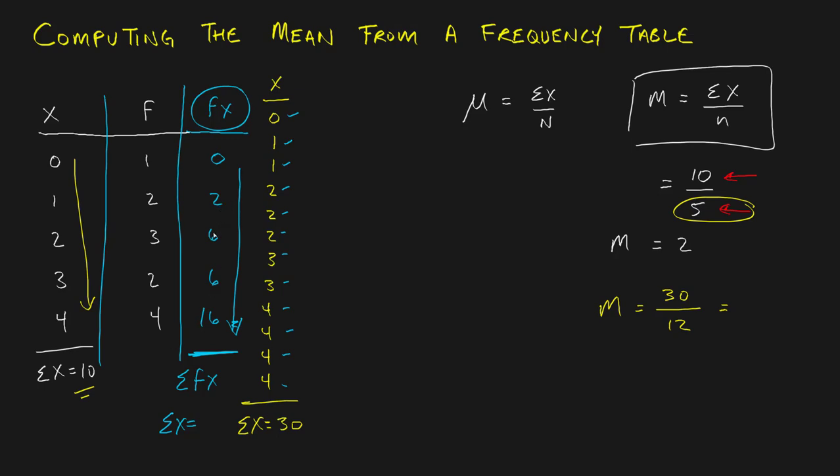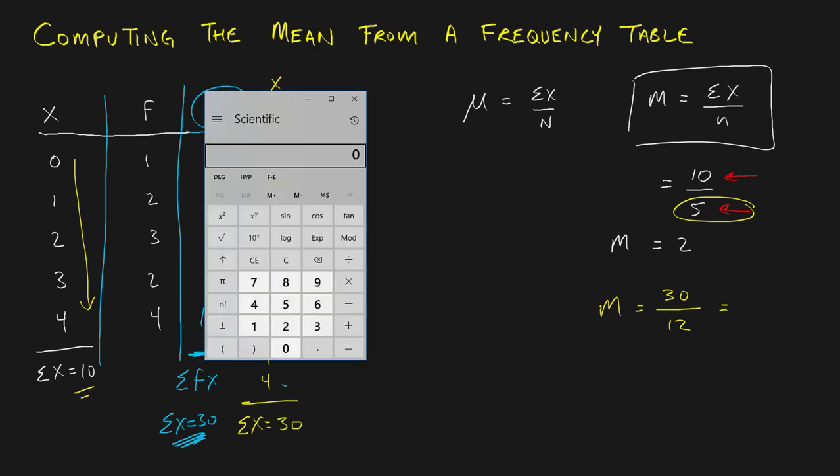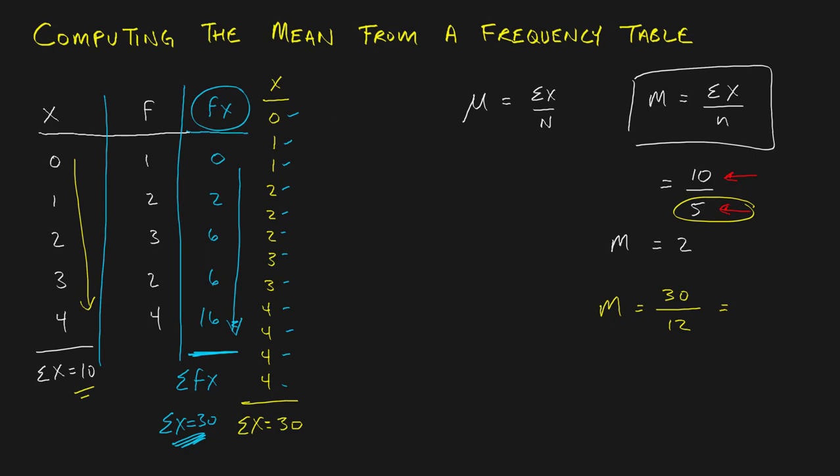I've got 2 plus 6, that makes 8, plus 6, that's 14, plus 16, that does make 30. And so the sum of x is 30, so the mean truly is 30 divided by 12. 30 divided by 12 equals 2.5. So this comes out to be 2.5.